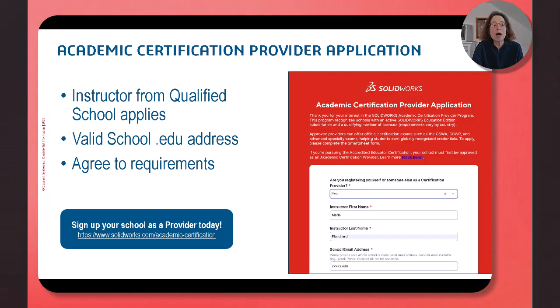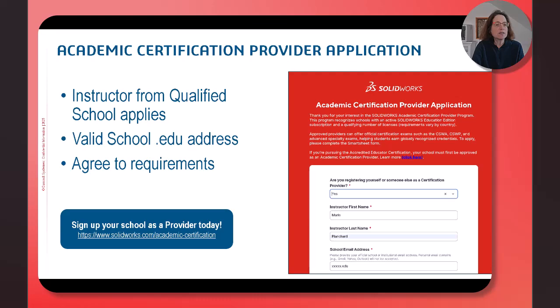How do you become an academic certification provider? It's simple. As an educator of a qualified school, that means on subscription, you can apply to provide our certification exams free to your students.